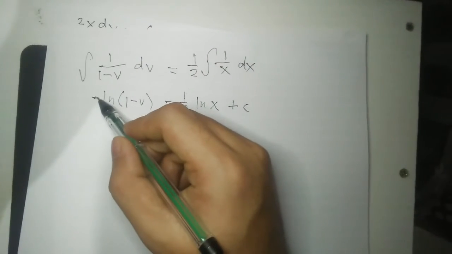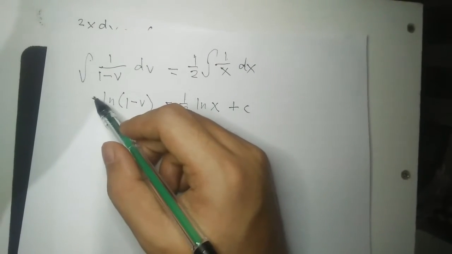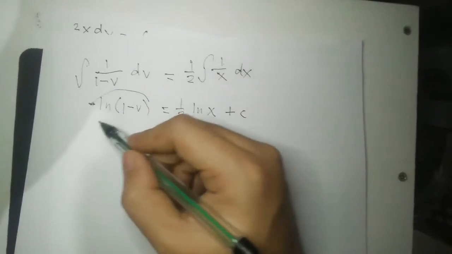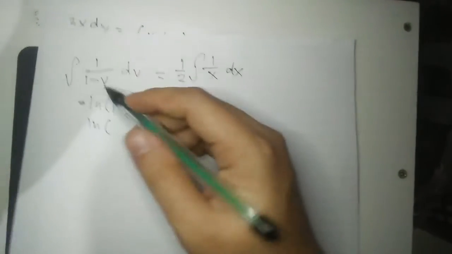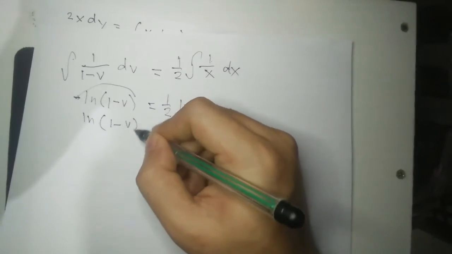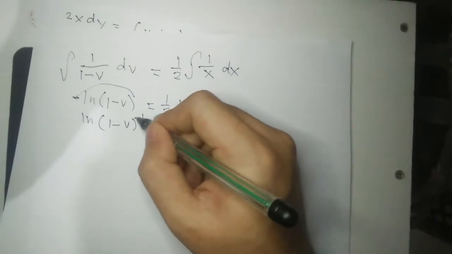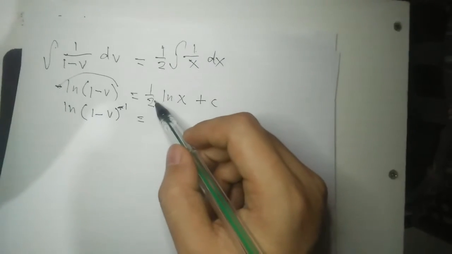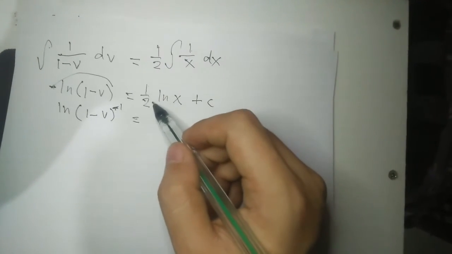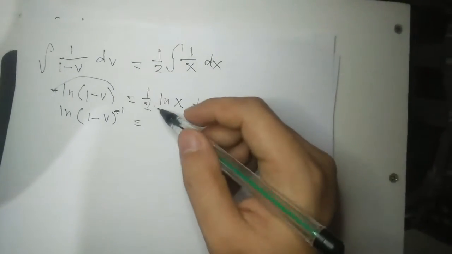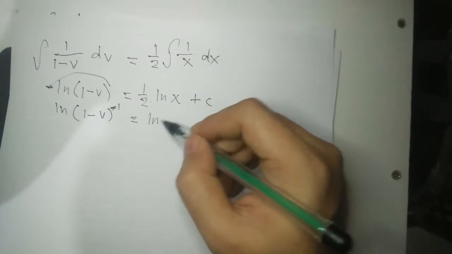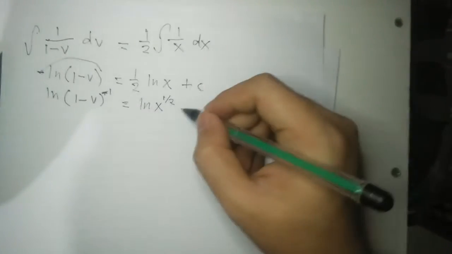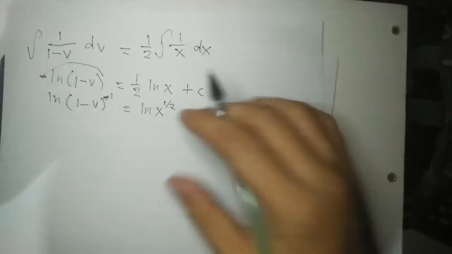As we can see here, it has a natural logarithm, so we transfer the negative 1 to the other side: ln(1 minus v) to the negative 1 equals 1/2 ln x, which is simply ln of x raised to the 1/2, plus ln c.